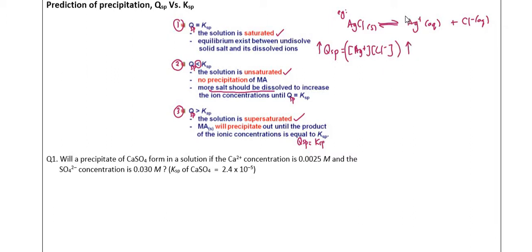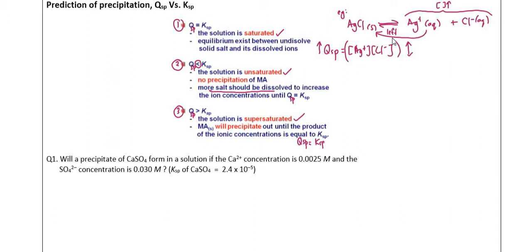So, bila mana mengikut prinsip Le Chatelier, bila sebelah kanan kamu ini konsentrasinya tinggi, sistem akan shift to the left. Kalau mengikut sistem Le Chatelier, sistem akan shift to the left. That's why disebut di sini supersaturated.